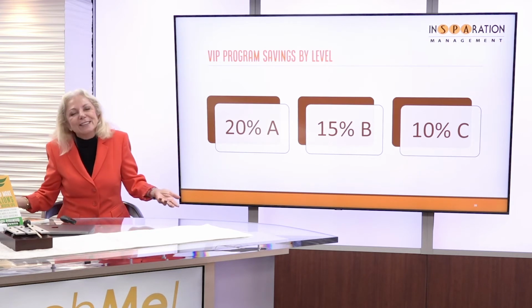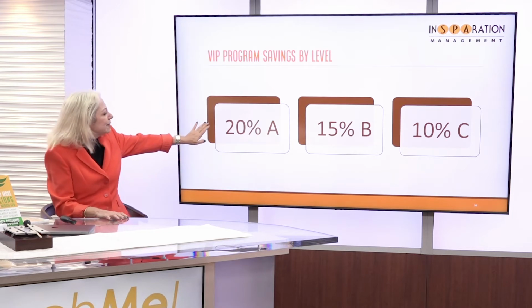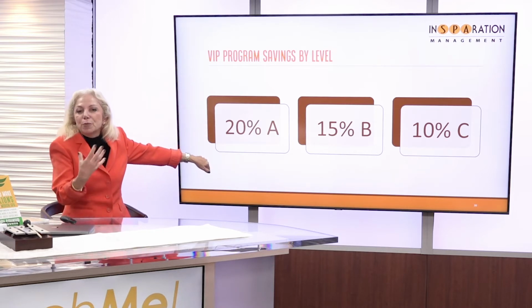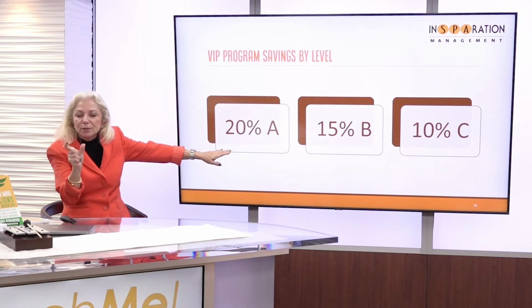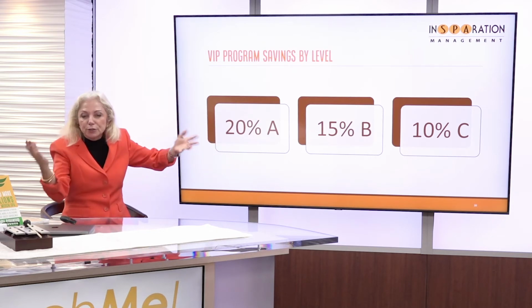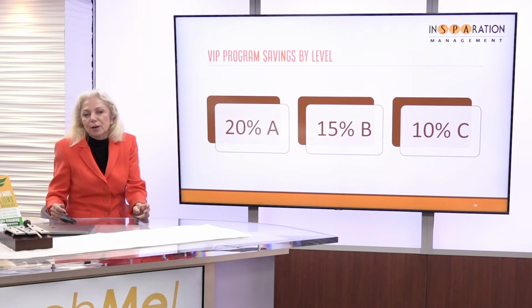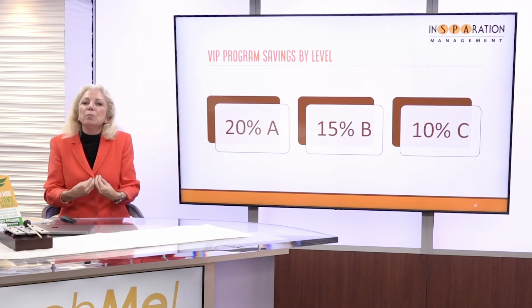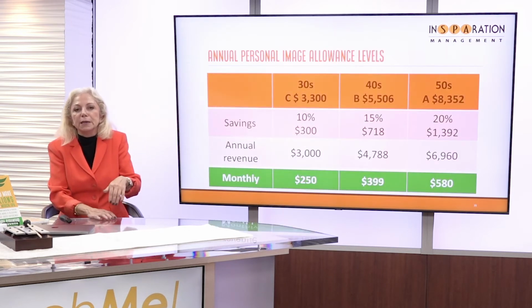Because we're not going to give discounts if you're not going to be profitable. Absolutely not. So you have the A, you give them 20% off for being a member. The B folks, the middle, will get 15% off on all the treatments, right? And then the C's will get 10% off. So as a member, people are paying you that amount of money.